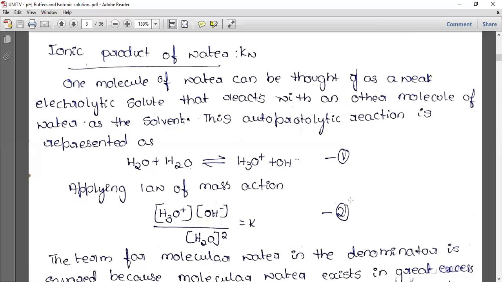If we apply the law of mass action to this particular equation, what is the law of mass action? Anybody?